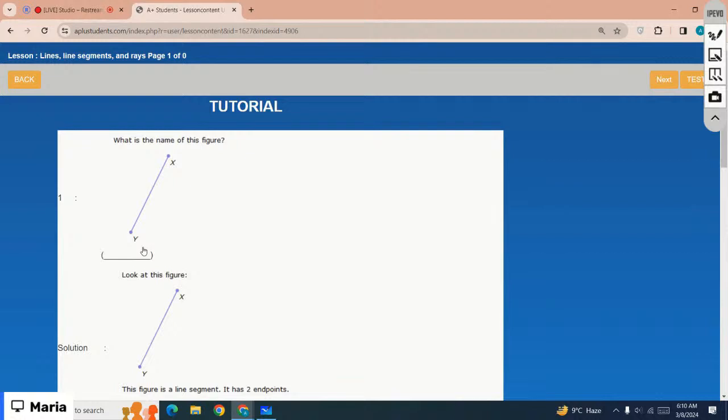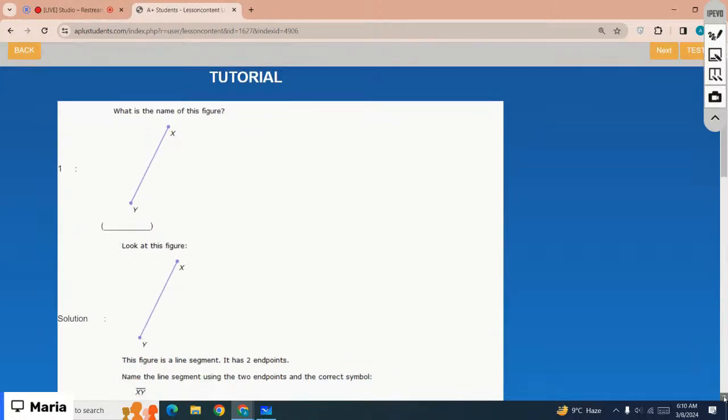This is a line segment, right? A line segment has two endpoints.